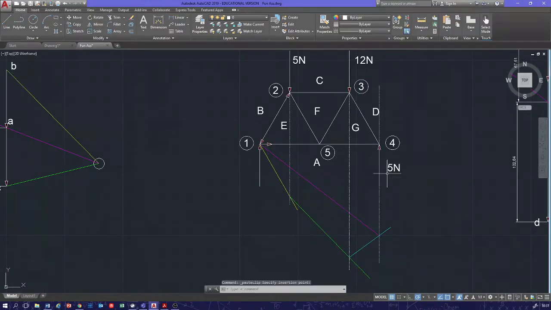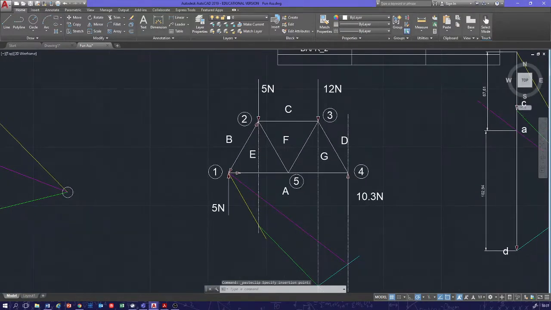We said that was 10.2. So let's just edit that: 10.3 newtons and 6.7 newtons.